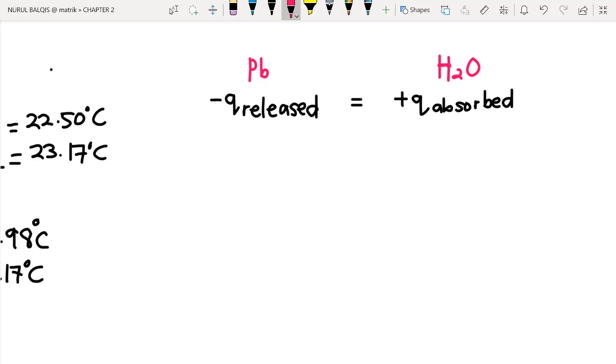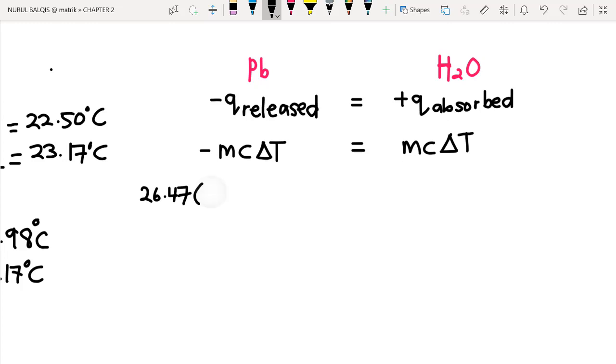So now we're going to apply the expansion of this formula where our Q is going to be negative mc delta T. The same goes for water where we have mc delta T. This is mc delta T with respect to each substance. So we're going to substitute the values that have been given in the question. We have the mass of the Pb pellet of 26.47 gram.